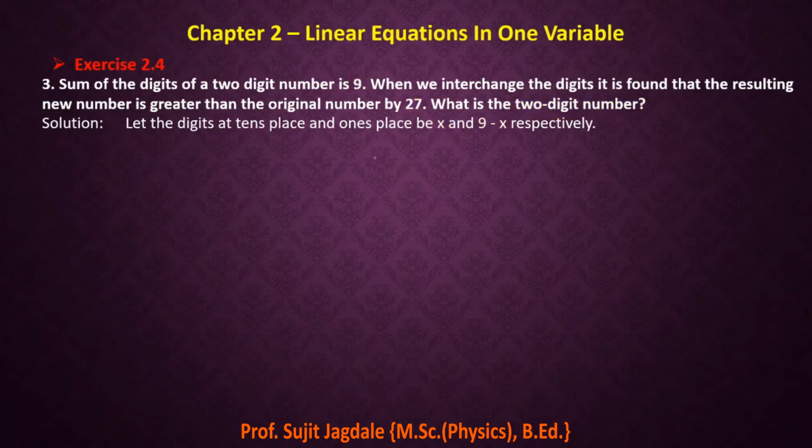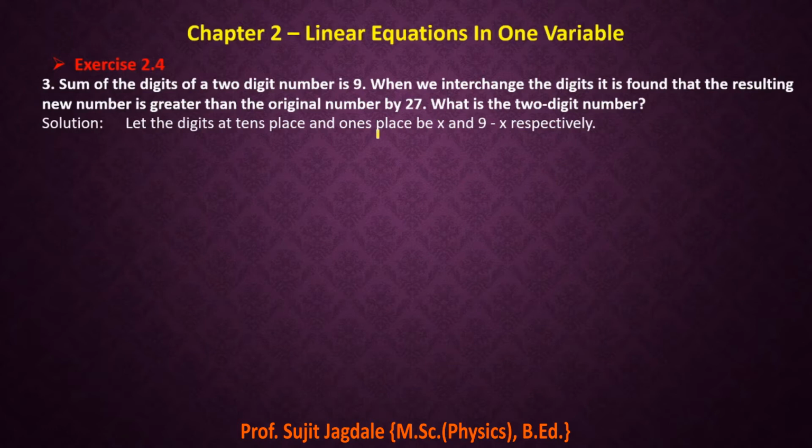If we consider the tens place digit x plus y at the units place, their addition is 9. So therefore the value of y can be calculated as 9 minus x. That means the units digit is going to be 9 minus x.